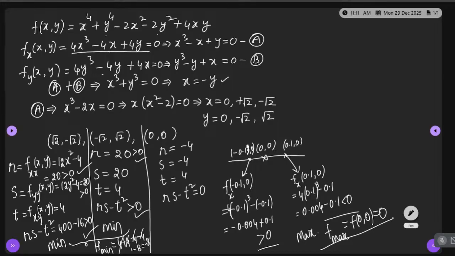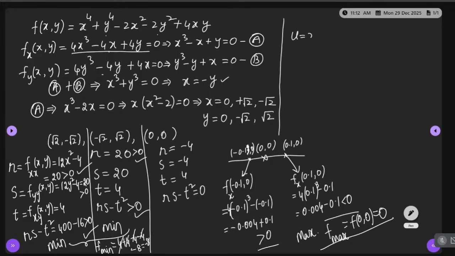Write down the function u equals x square plus y square plus 6x plus 12.